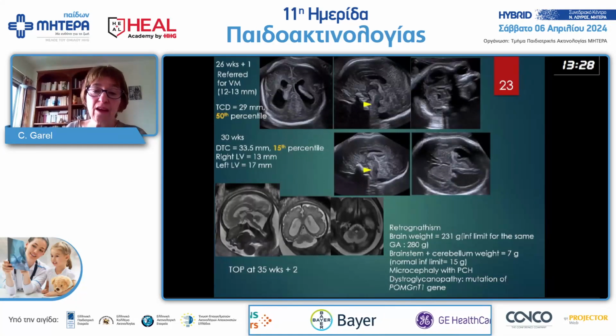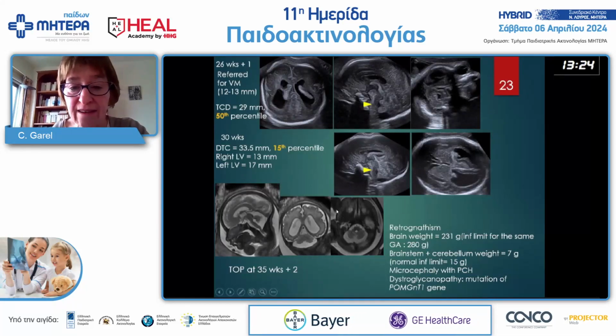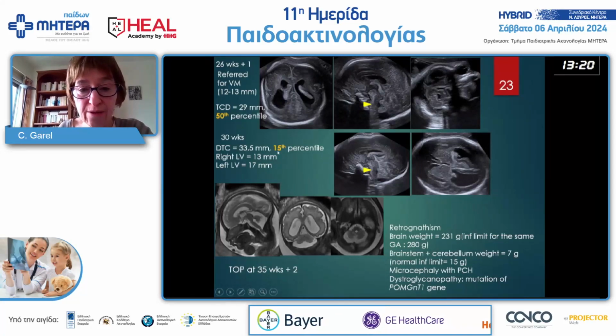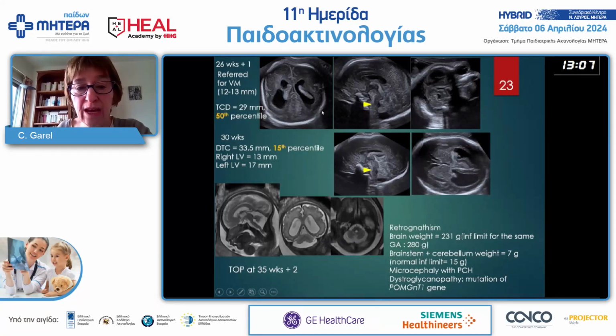This case is also interesting because it illustrates the progressive decrease in size of the cerebellum during the pregnancy. You can see that at 26 weeks of gestation, the transverse cerebellar diameter was normal. There was an enlargement of both lateral ventricles, and we couldn't see any bulge of the pons.